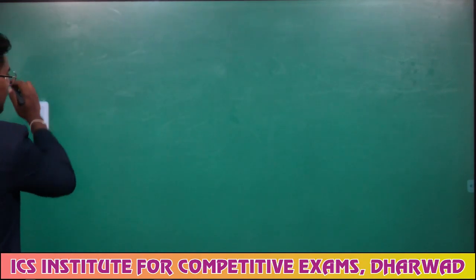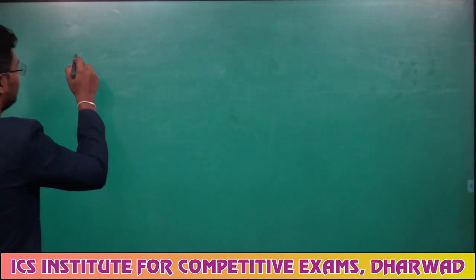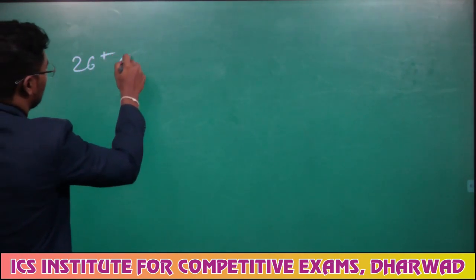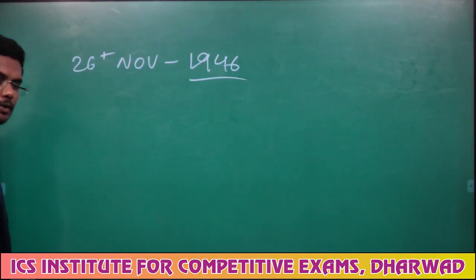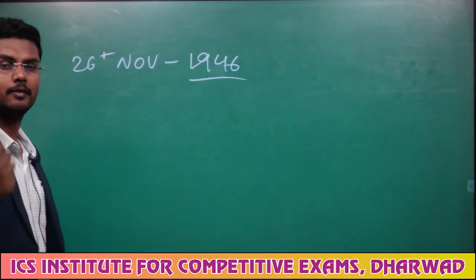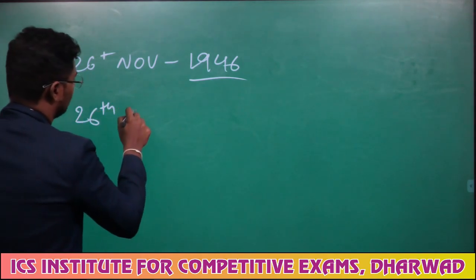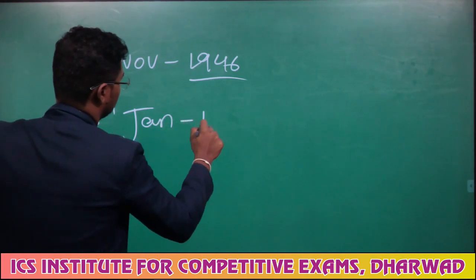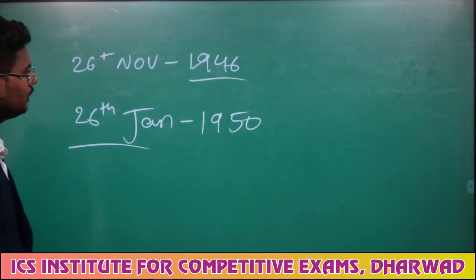So the adoption date is different and the date when the Constitution came into force is different. 26th November 1949 was the date when the Indian Constitution was adopted and given to ourselves. But when did it come into force? It was on 26th Jan 1950. So there is a difference.